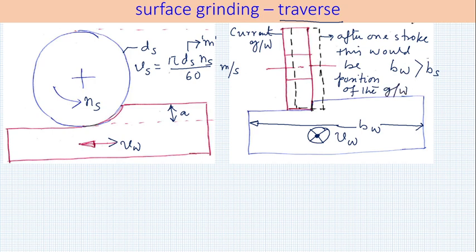So the grinding wheel is moving in this direction by this amount. This amount is called S or feed. Now, because it is transverse feed, quite often it is given as cross feed or transverse feed. So the SC symbol is used.